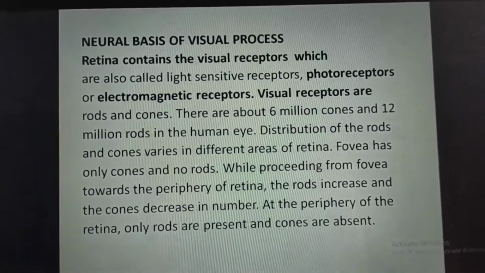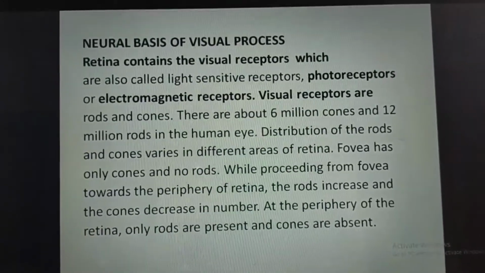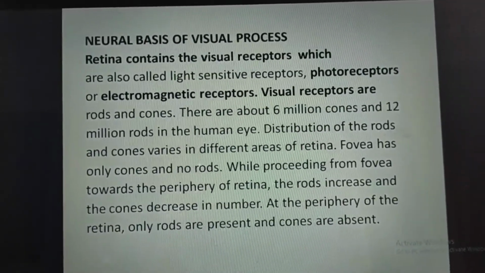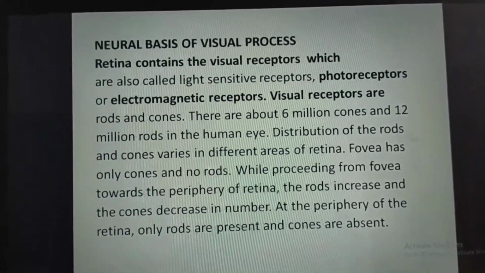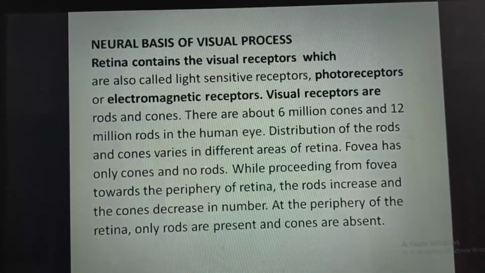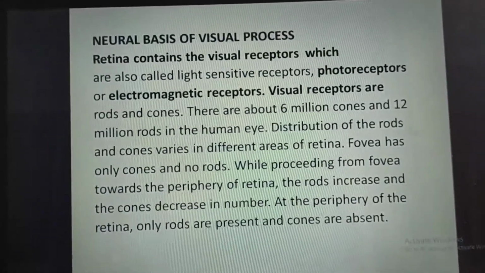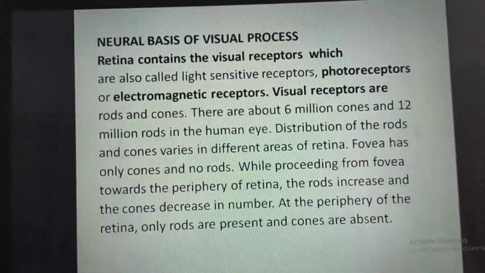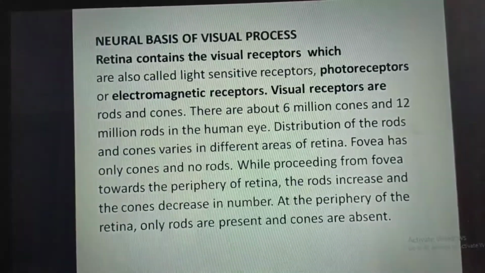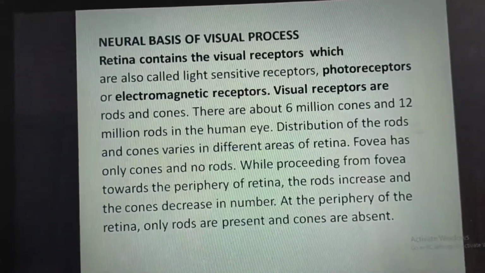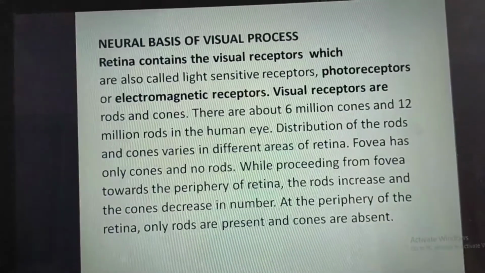Neural basis of visual process. Retina contains the visual receptors, which are also called light sensitive receptors, photoreceptors, or electromagnetic receptors. Visual receptors are rods and cones. There are about 6 million cones and 12 million rods in the human eye.